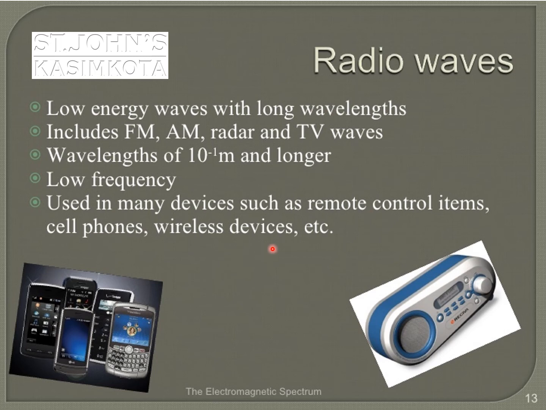In our daily routine, we are using remote controls for TV, AC, and many things. And when you play with remote cars, we are using remote control. So radio waves are useful in all these devices, wherever there are remote control items, cell phones, wireless devices, etc. But how they are useful in a mobile phone, for example: when we are communicating on a mobile, it's necessary to be within the range of the base station of one's operator.